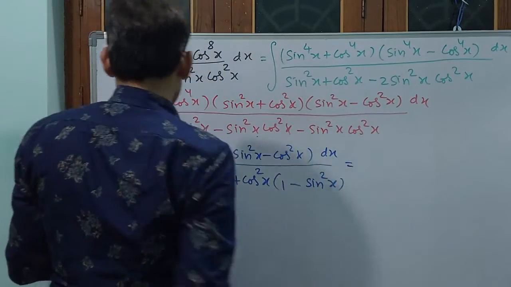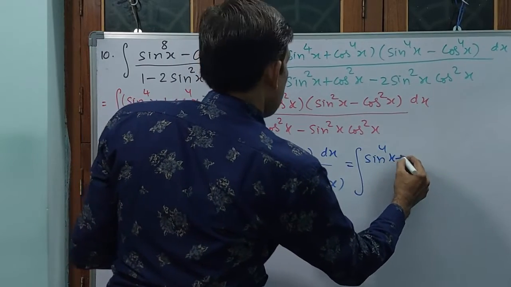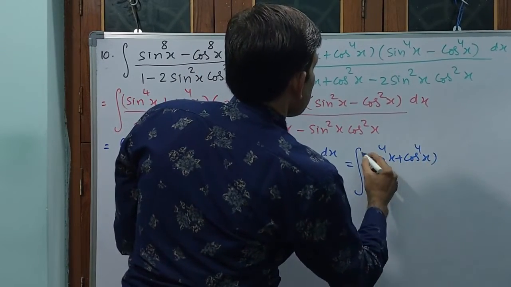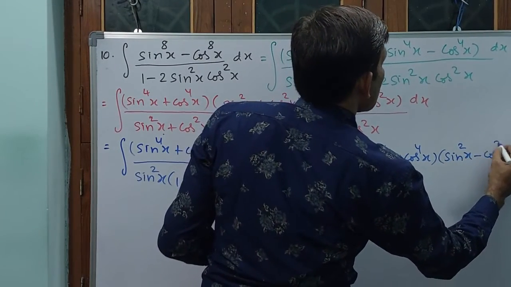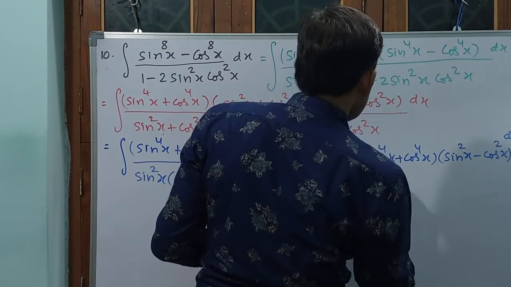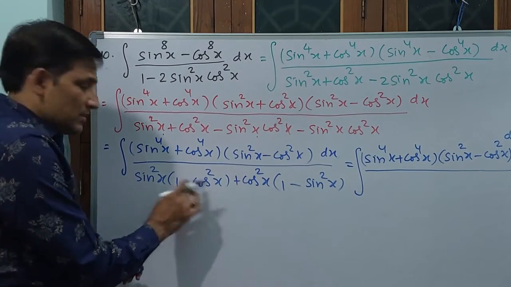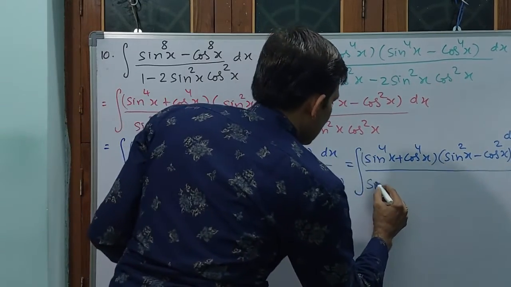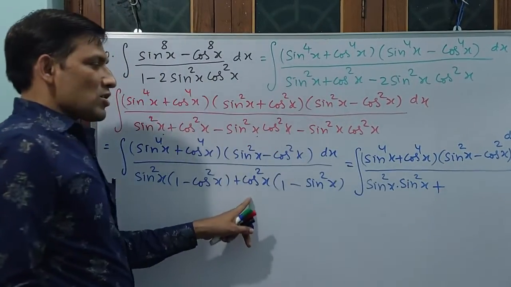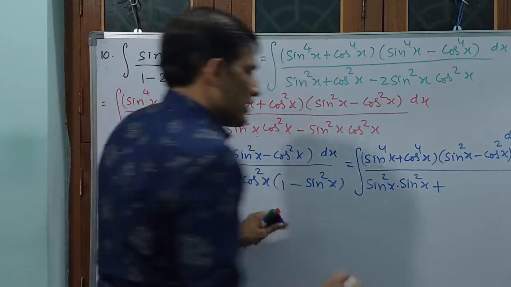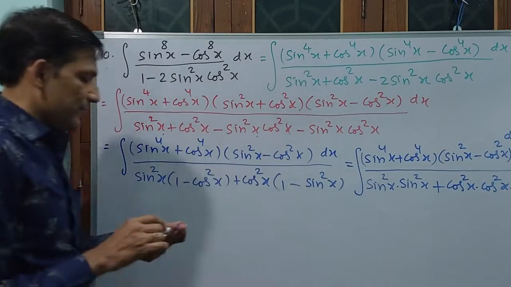That is equal to integral of sin to the power of 4x plus cos to the power of 4x, sin square x minus cos square x dx also will be there. 1 minus cos square x is sin square x, sin square x into sin square x, plus cos square x into cos square x, since 1 minus sin square x is cos square x. Is it okay?